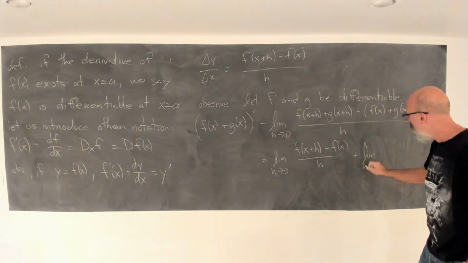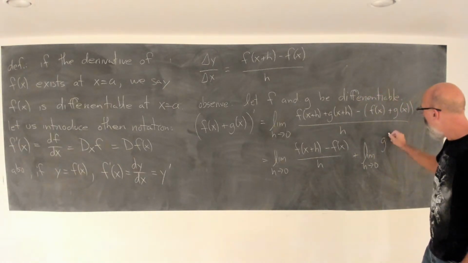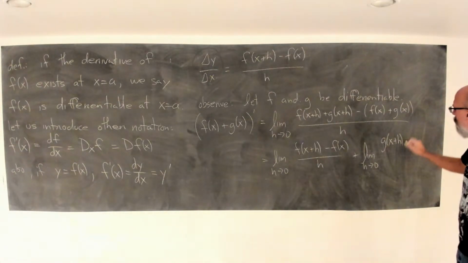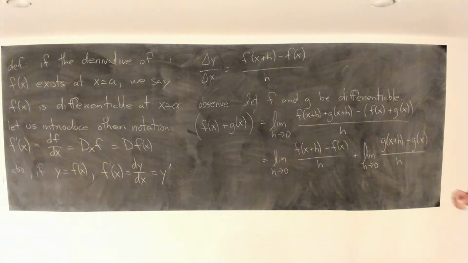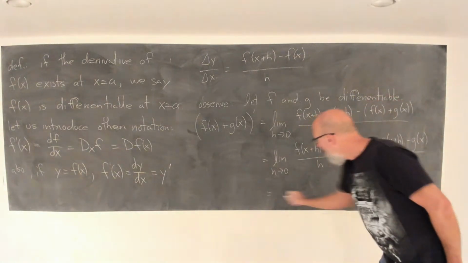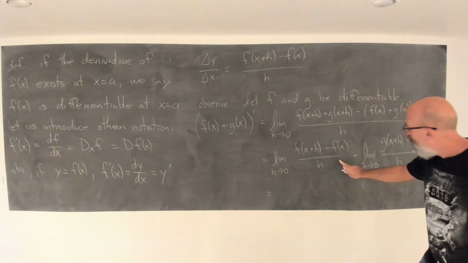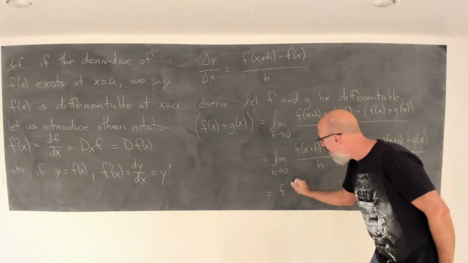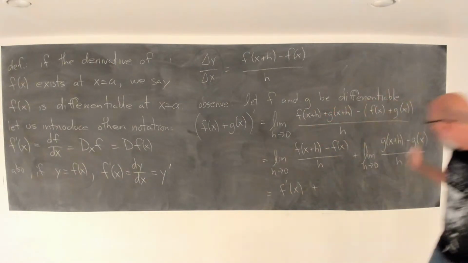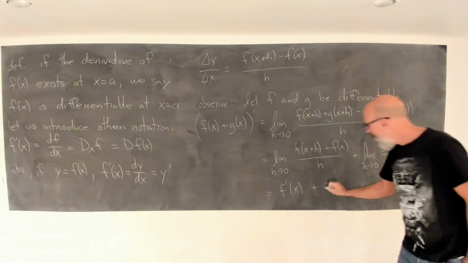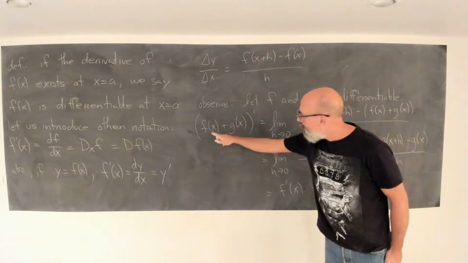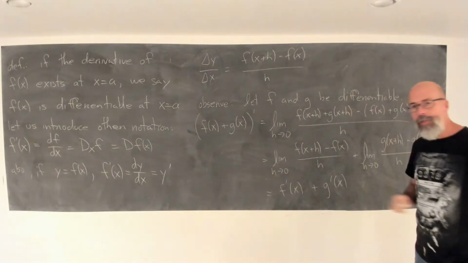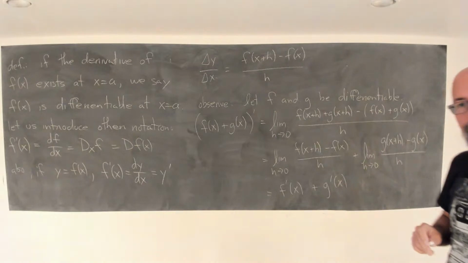Since both of these limits exist by the assumption that both f and g are differentiable, this is the derivative of f. This is the derivative of g by definition. So the derivative of a sum is the sum of the derivatives.